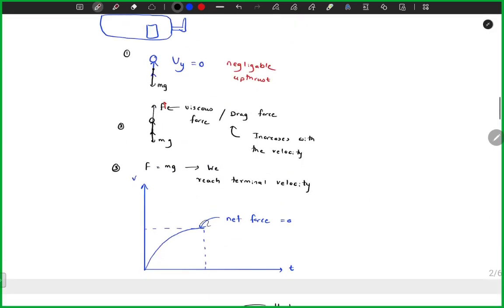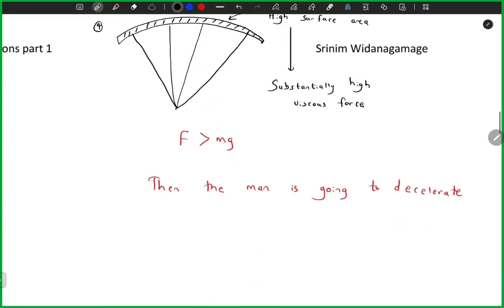So the man gained a particular velocity here, right? Now if there's a deceleration, what's going to happen? Now if there's a deceleration, the downward velocity that the man had before opening the parachute now starts to decrease. The man is going to decelerate.